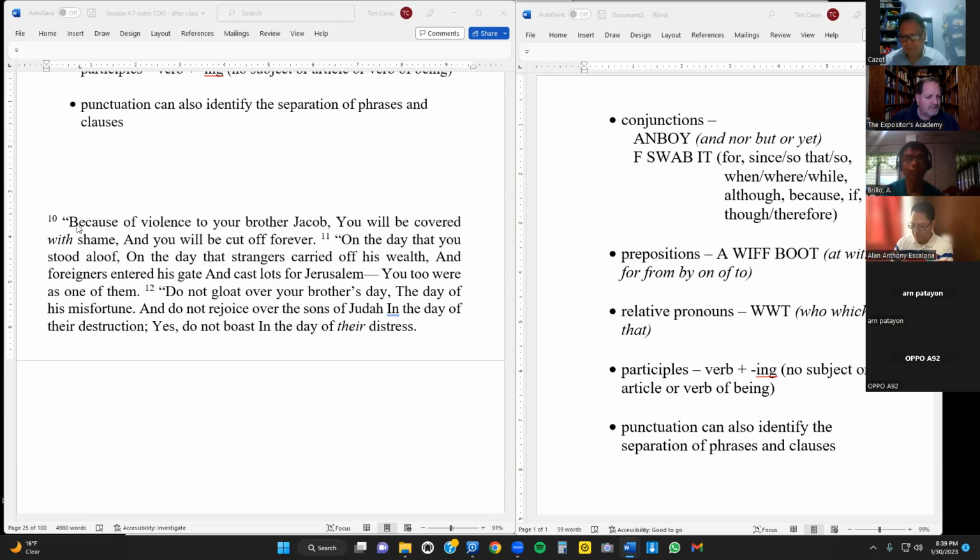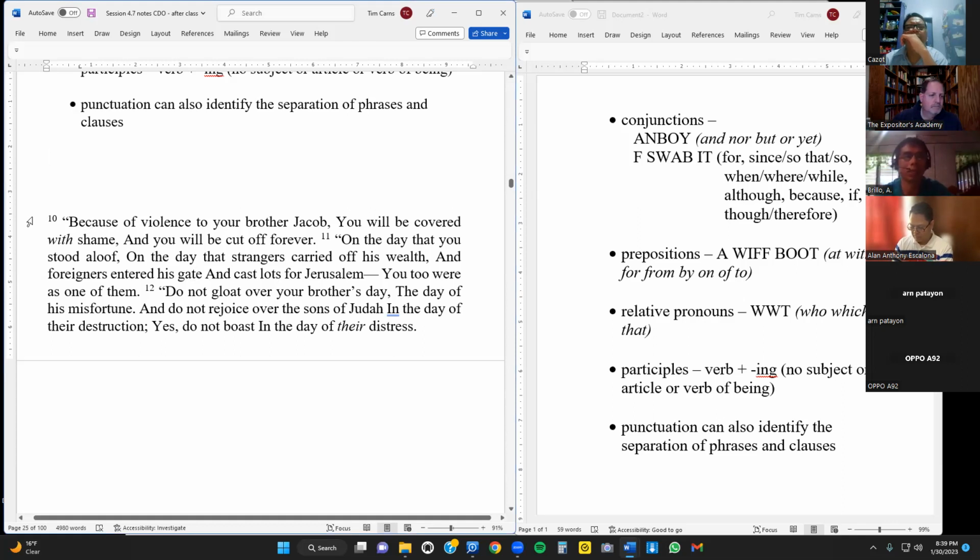In verse 10, tell me what connector words you see. And remember, some connector words could be more than one word. They're not always just one word. They could be two words sometimes. Brilio, go ahead and unmute yourself and say, in verse 10, what connector words do you see?